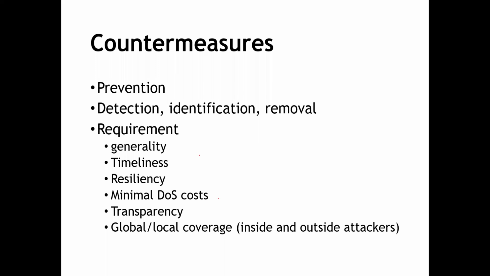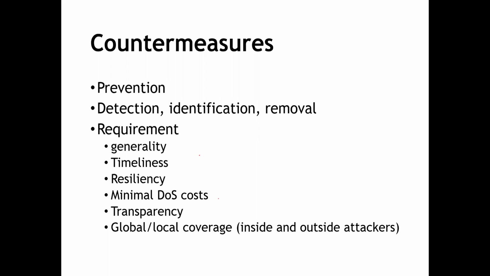We have some countermeasures for these. Always mention prevention, but the first step is being able to identify and detect them. Once you detect this kind of rootkit, delete them, execute them outside, take them to sandboxes and blow them up from there. They require generality and timeliness, meaning you must be a very active person.